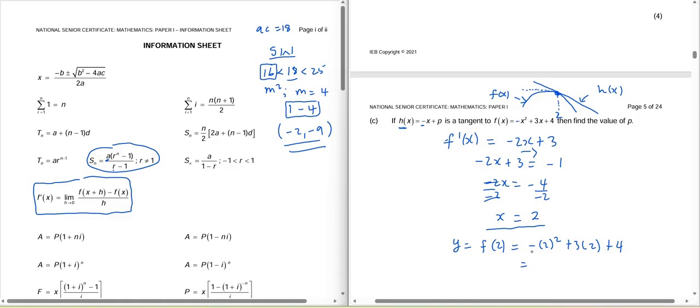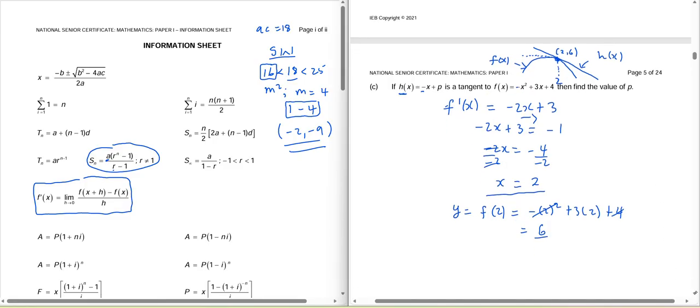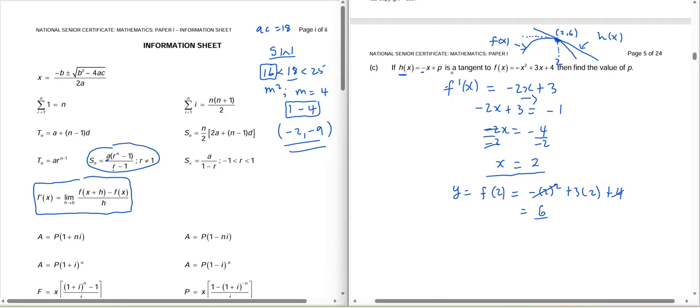Since 2 squared is 4, minus 4 plus 4 cancel each other, and we are left with 6. So the point where the graph of f of x and the tangent are meeting is (2, 6). But our goal was to solve for p.